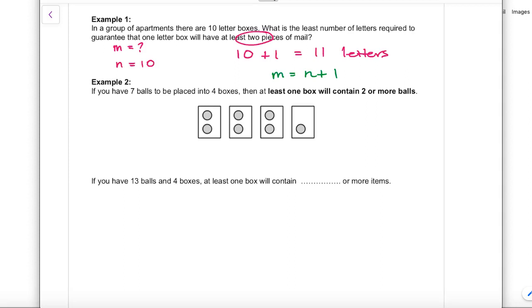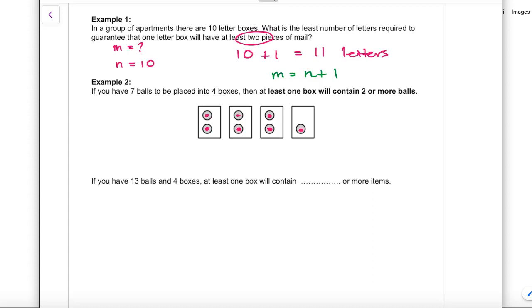In example 2, if you have 7 balls to be placed into 4 boxes, then at least one box will contain 2 or more balls. So here's an example of a placement where we've put 4 balls in, one in each box, and then the next 3 balls have been placed as follows.